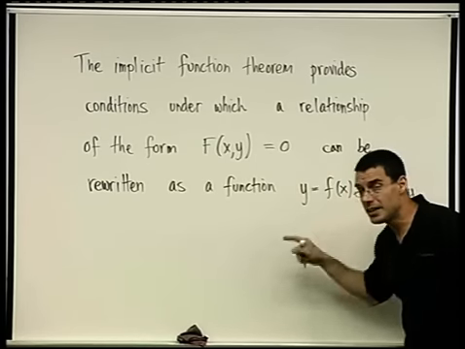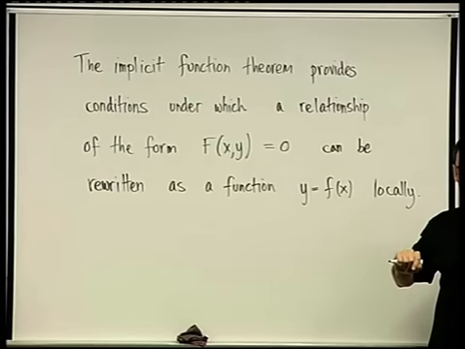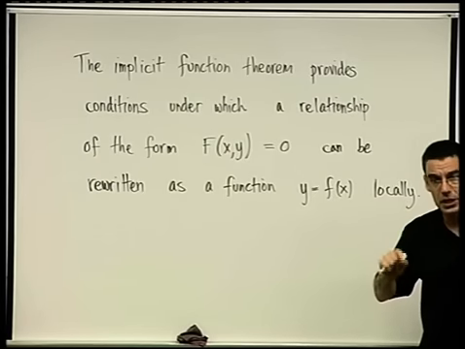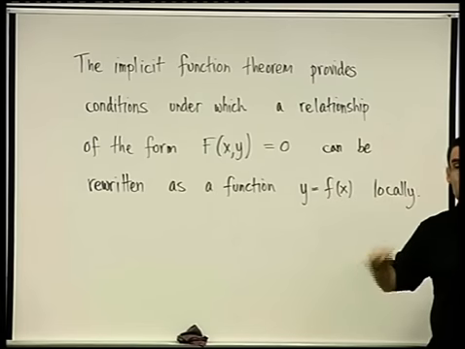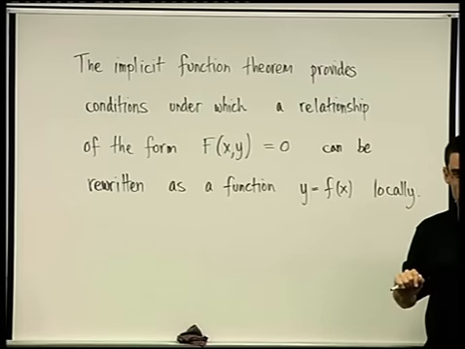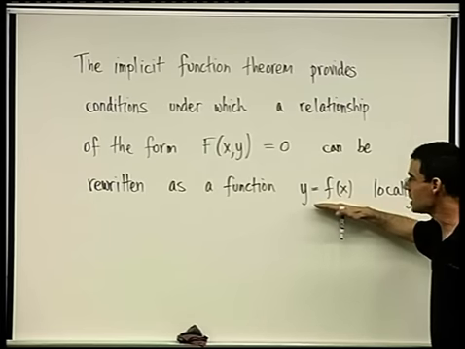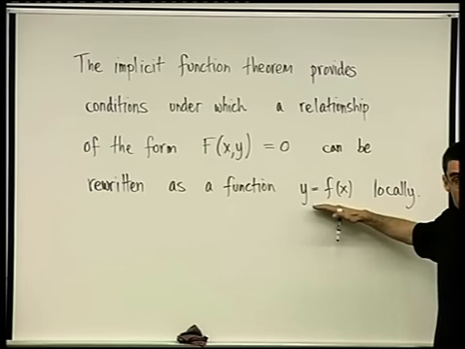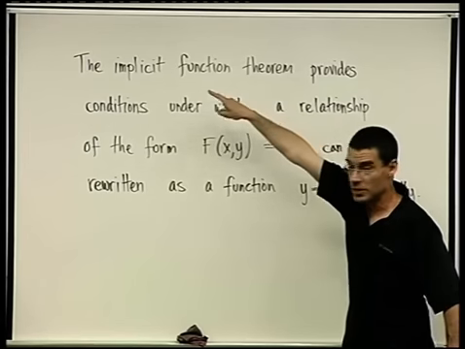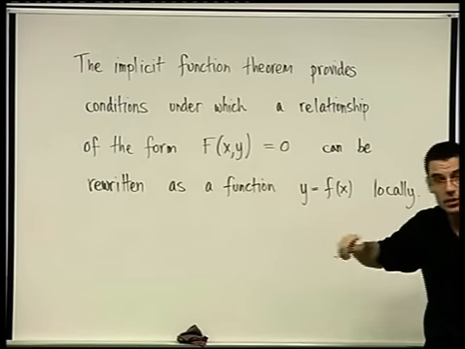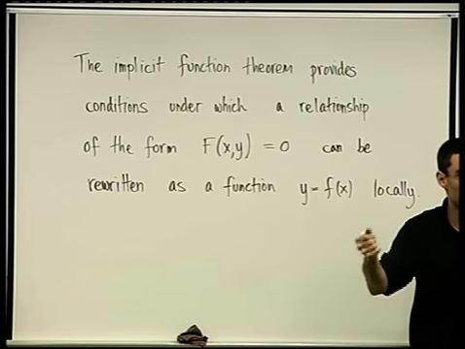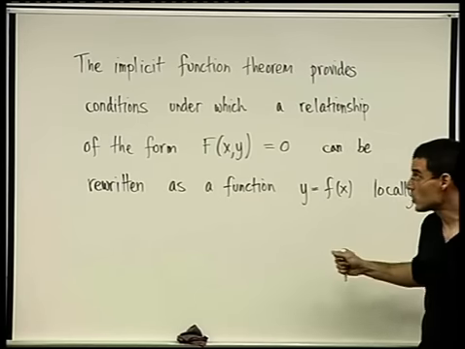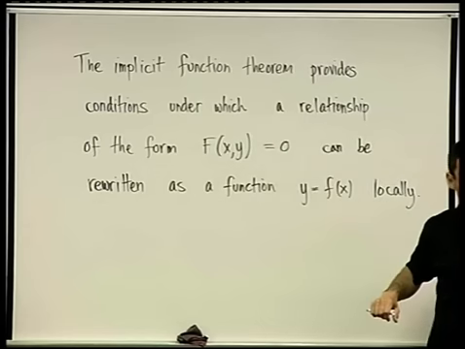And it's even going to tell us how to find its derivative. But the theorem itself is not going to provide us with a formula for the function. It's not going to give us the function explicitly, but only implicitly. It's only going to tell us there is such a function without giving us a concrete formula for it. That's why it's called the implicit function theorem.